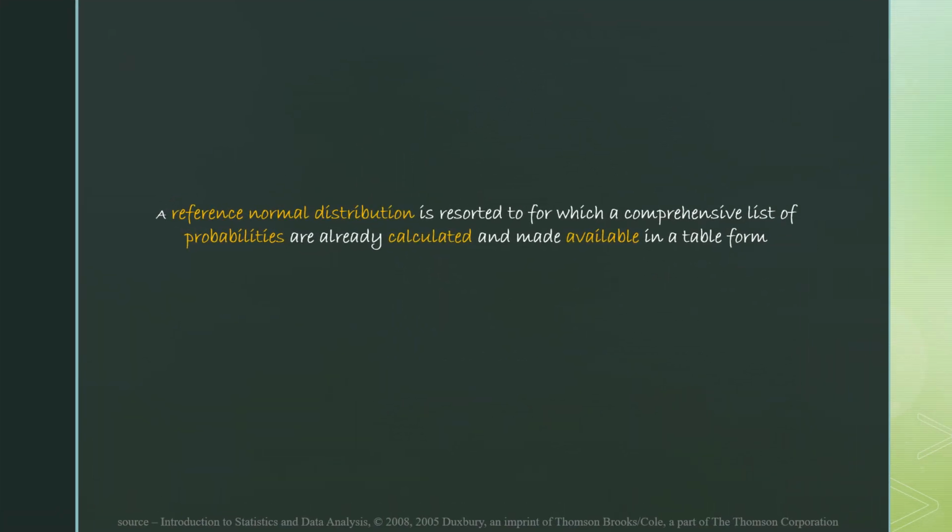To make the computations easy, a reference normal distribution is resorted to, for which a comprehensive list of probabilities are already calculated and made available in a table form. That reference normal distribution is the standard normal distribution.